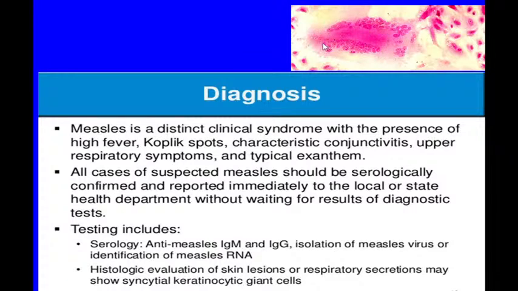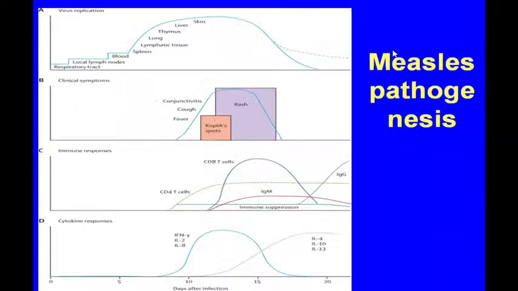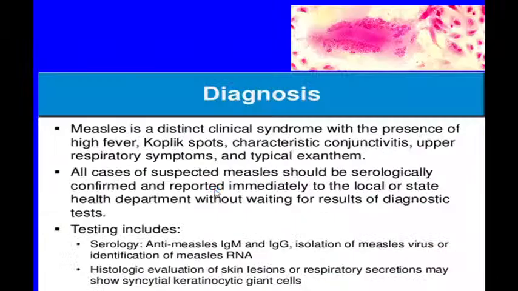We can see syncytial keratinocytic giant cells. So that is the result of the process of fusing infected cell and non-infected cell. That's very typical.